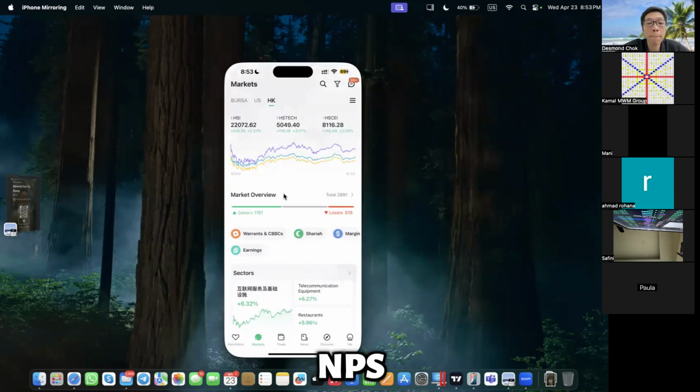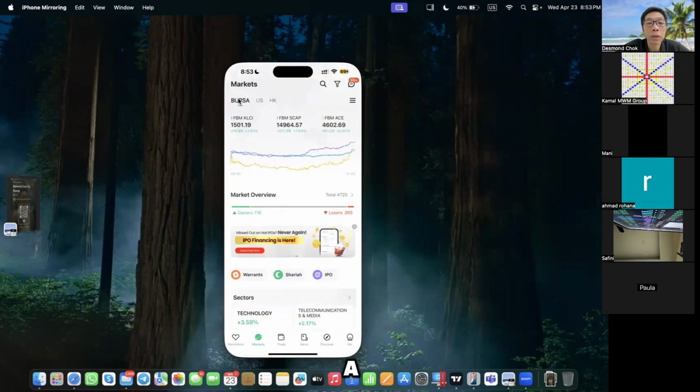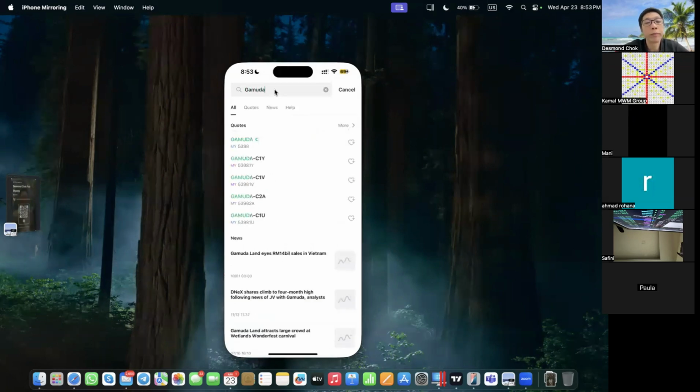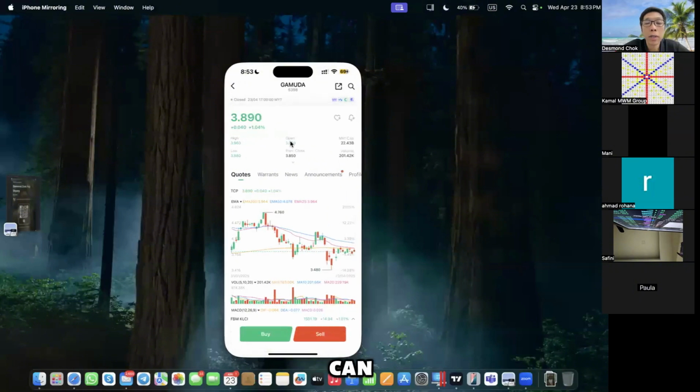After that, what I can show you is an individual stock. Let's say I type Mudah. What you can see here is a green-colored moon. The green moon represents Sharia. This MY is a Malaysia stock.